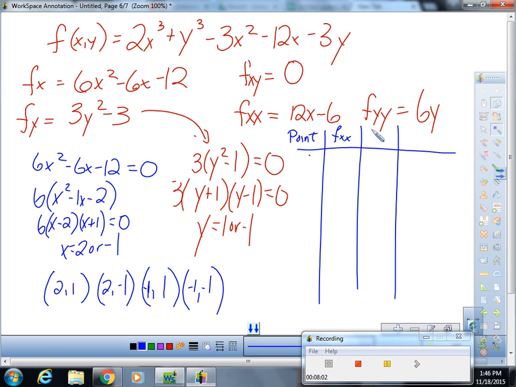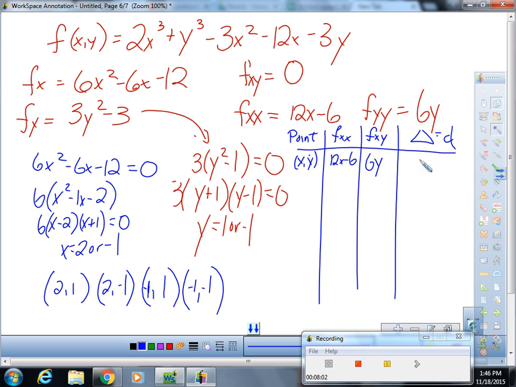This one you have your f sub xy, and that one you have your discriminant. Okay? So, the point is going to be x comma y. F sub xx is going to be 12x minus 6. F sub yy is 6y.